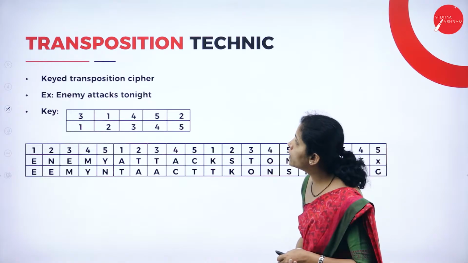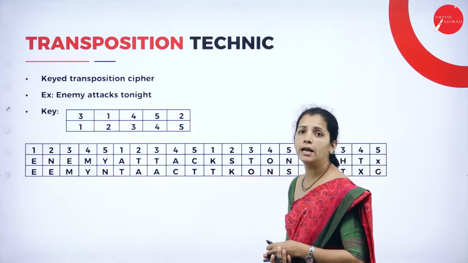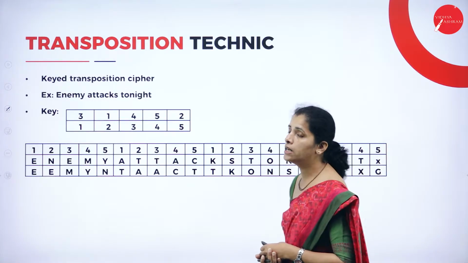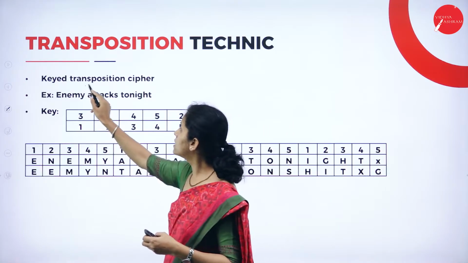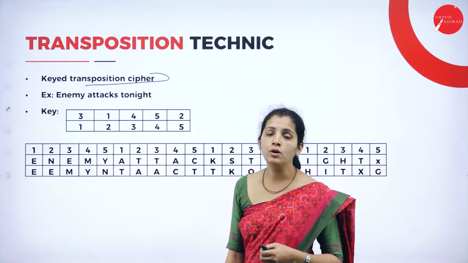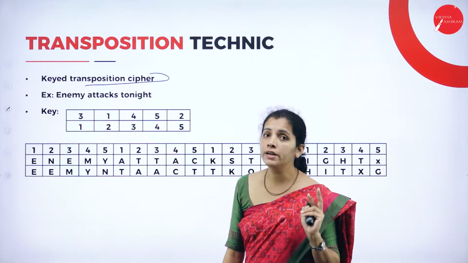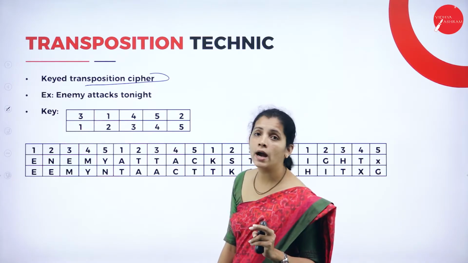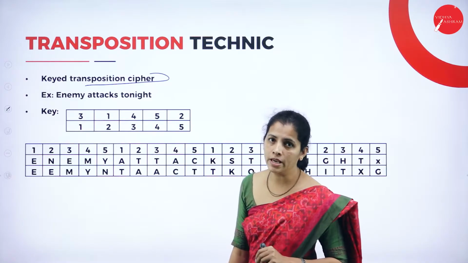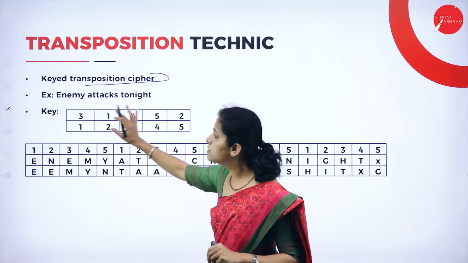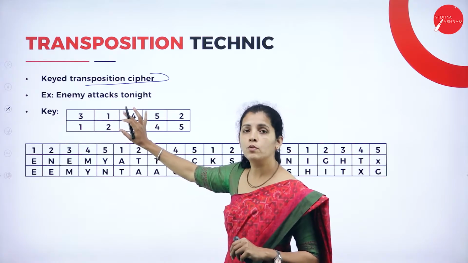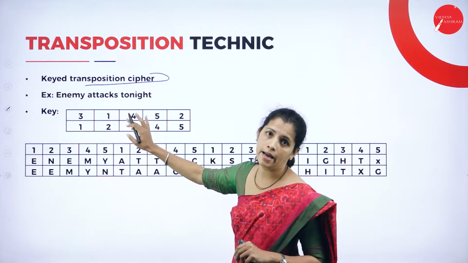Now, I'm going to have another type of transposition technique, that is keyed transposition. So here, as the name itself indicates, we are going to have a pair of keys. Based on this pair of keys, I'm going to read the character.